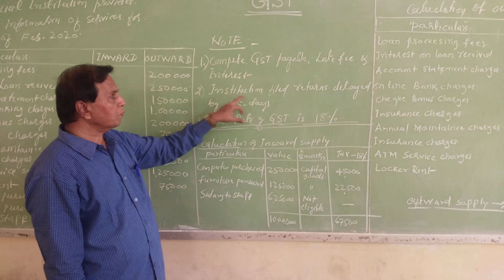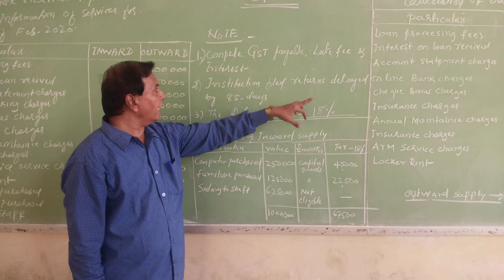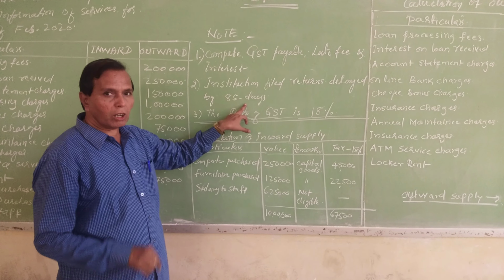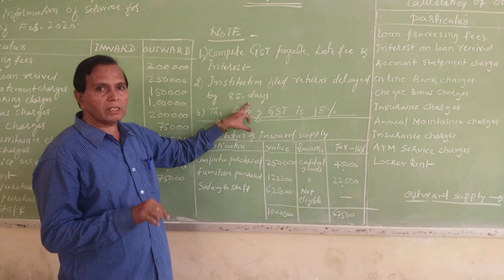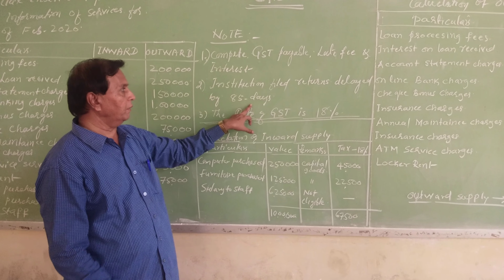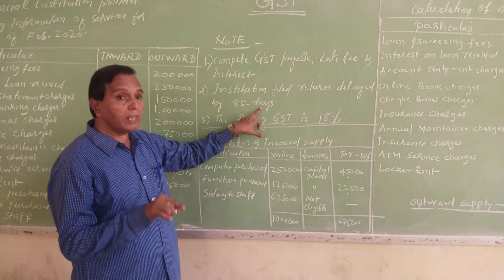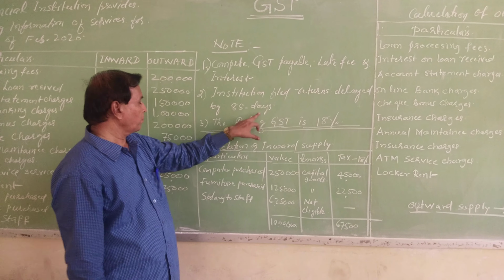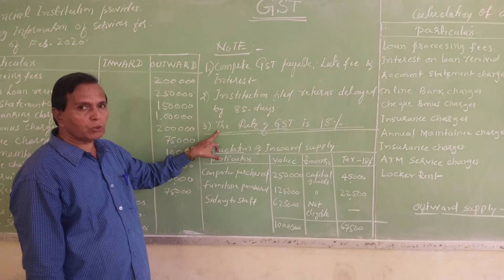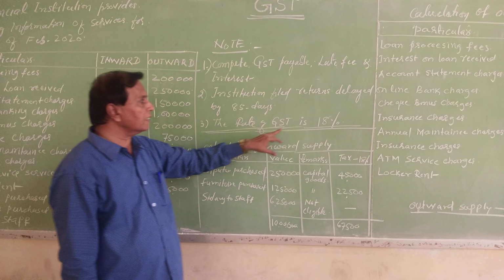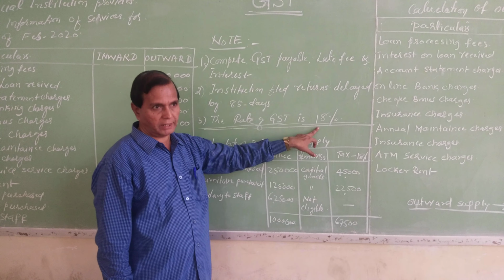The institution filed the returns delayed by 85 days. Always the return will be filed under Form 3B only. On account of that, the registered dealer has filed delayed by 85 days. How much does he have to pay as late fee during the period? And the tax officer is going to charge GST at the rate of 18%.